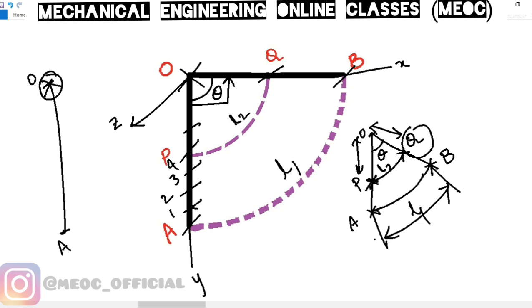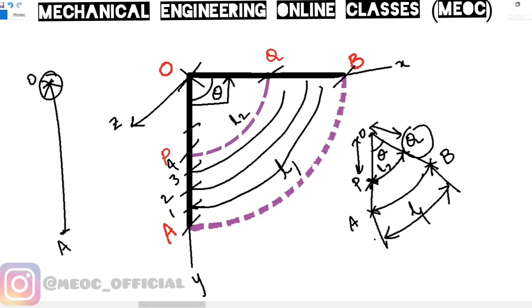As OA rotates about the z-axis, all these particles will have different paths of motion, even if that happens in translation also, but all these will be concentric to each other, and the lengths of these arcs are not constant, which is not the case in translation. The path that is traced is parallel in translation, and the distance that every particle has moved is also the same, but that is not the case with fixed axis rotation.